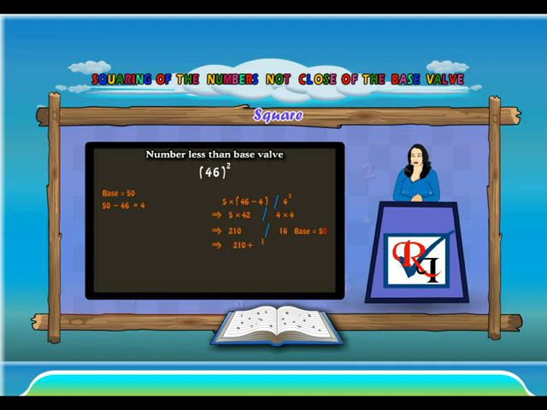So carry 1 to 210 and what we get is 211 and 6. Now we can remove the separator. Then finally we get 2116, which is the square of 46.